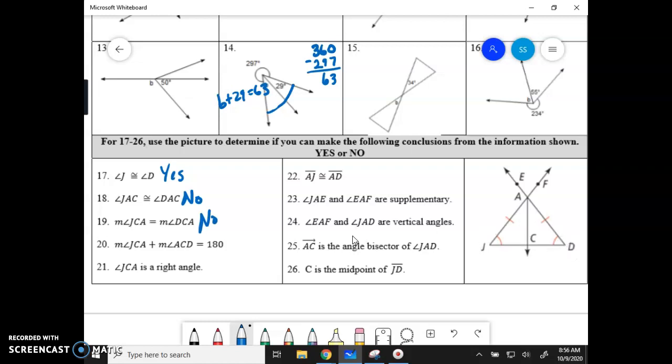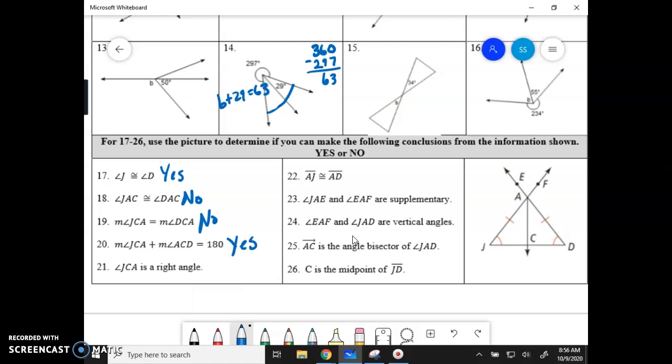We can't really assume that they're both 90. This might be slightly off, and one might be 91, and one's 89. We can't say that they're both 90, but we do know that they have to add up to 180. So yes, this one, we can make that conclusion.